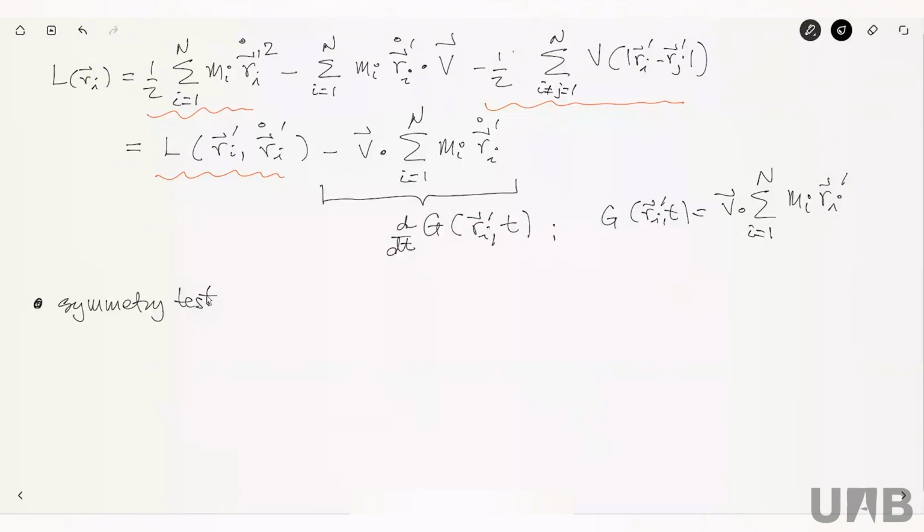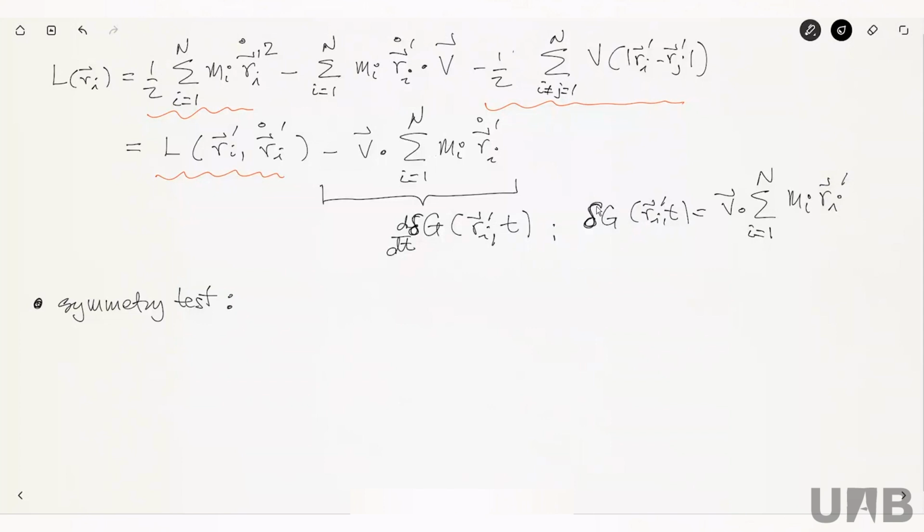And maybe we're going to find out that there is a new conservation law that we didn't know about. Okay, symmetry test. What does the symmetry test say in this case? Now we have to be careful, because there is this delta G, right? We called it delta G. So this is delta G in the notation of the previous slides.